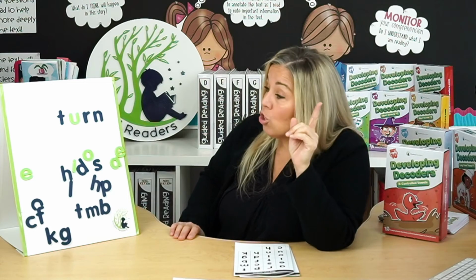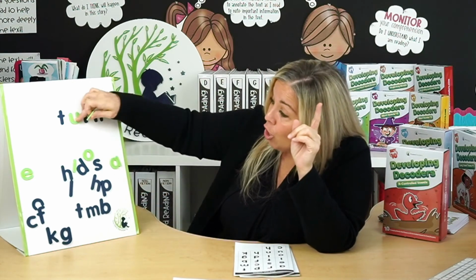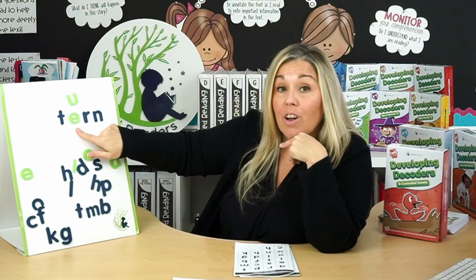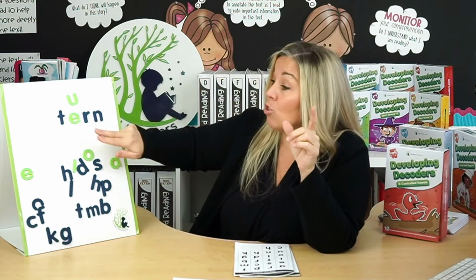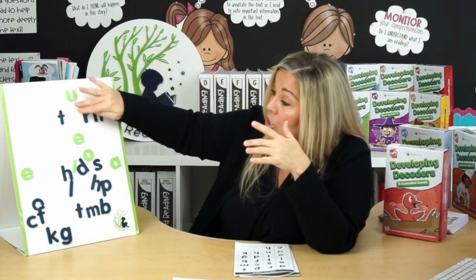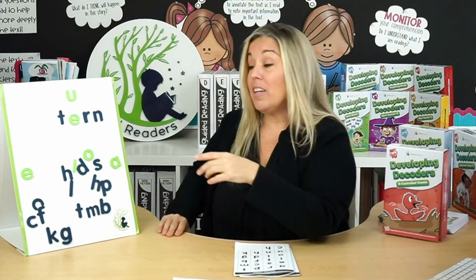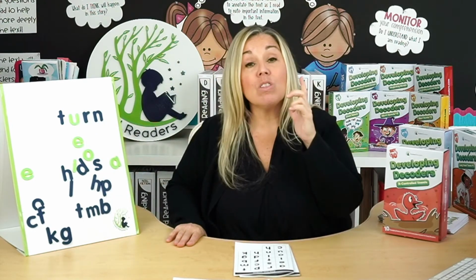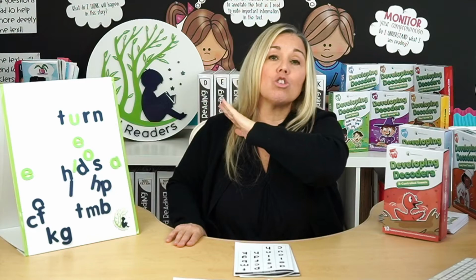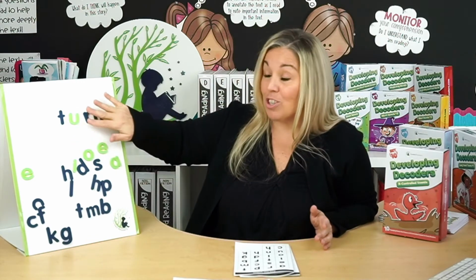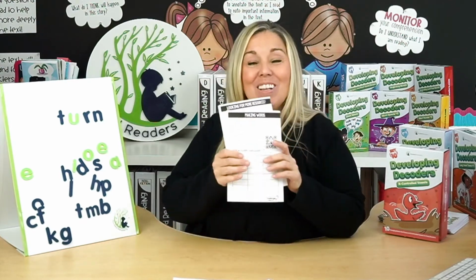But there's also tern with an E, and that is a bird. So these are homophones. They are spelled differently, but they sound the same. There's so many in the English language. So we have turn here, which is the one we're making today. Good job. Let's write it down on our sheet.